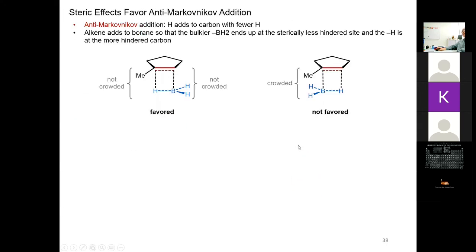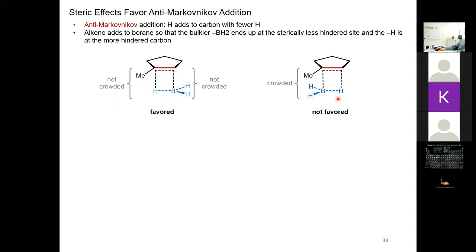Now we know that it goes through a four-membered transition state. What if there is an unsymmetrical alkene? Let's see what gives that anti-Markovnikov selectivity. For this B-H bond to add into an alkene like methylcyclopentene, if it goes through this transition state, the small H, much smaller than B, will be on the same side as the methyl.